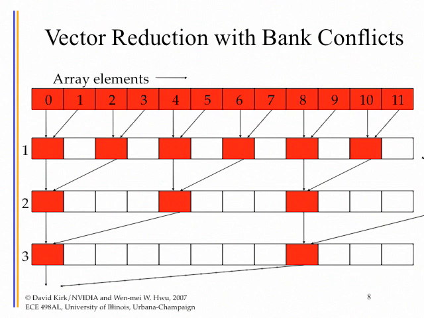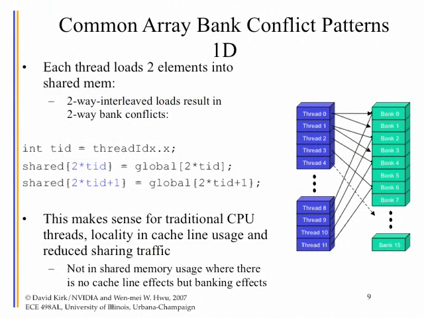So in the CPU world, this is actually a very, very good approach. Because what happens is these threads in the CPU tend to run on different CPU cores with a cache coherence protocol going on.